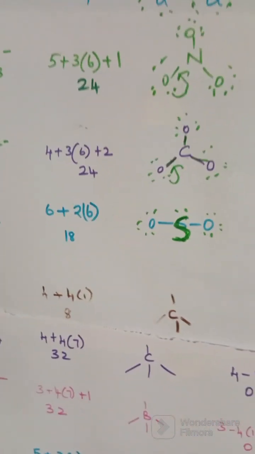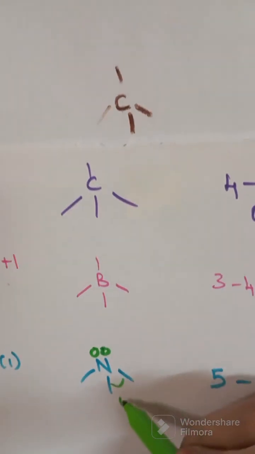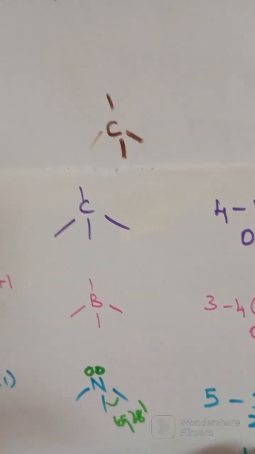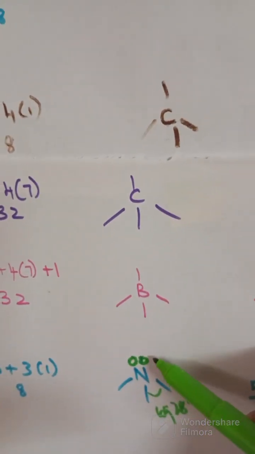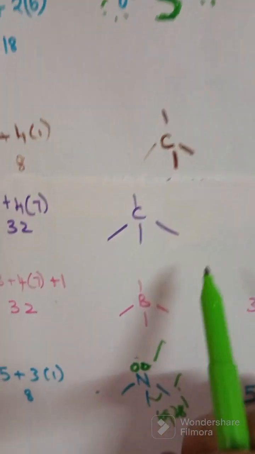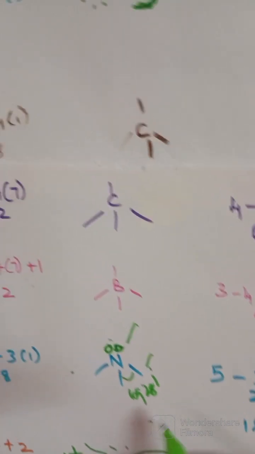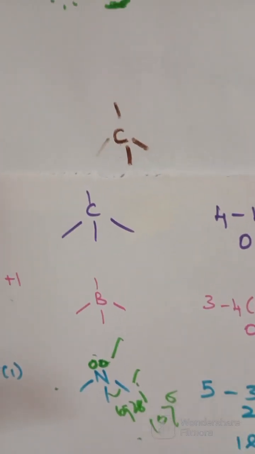In the case of ammonia, NH3, it is sp3 tetrahedral. The bond angle is supposed to be 109 degrees 28 minutes. But because of the repulsion between the lone pair and the bond pair on this side and on this side, it compresses the molecule and therefore the bond angle decreases to 107 degrees.